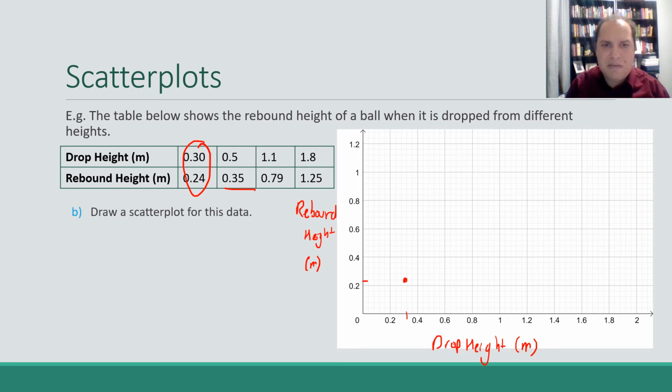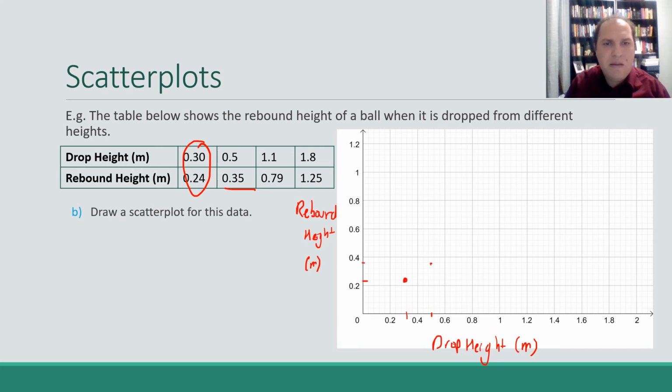Next one is 0.5 and 0.36. 0.36 is just below 0.4, so 0.35 will be a little bit below that. So maybe right there.